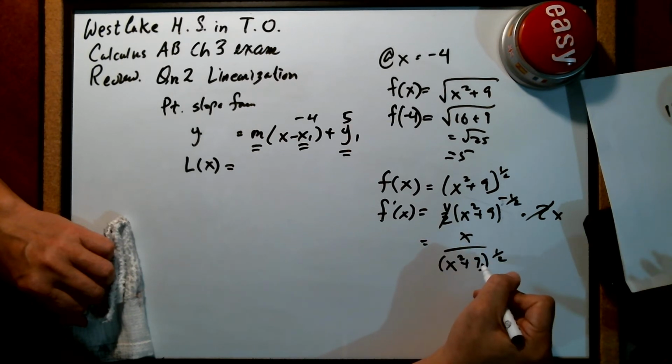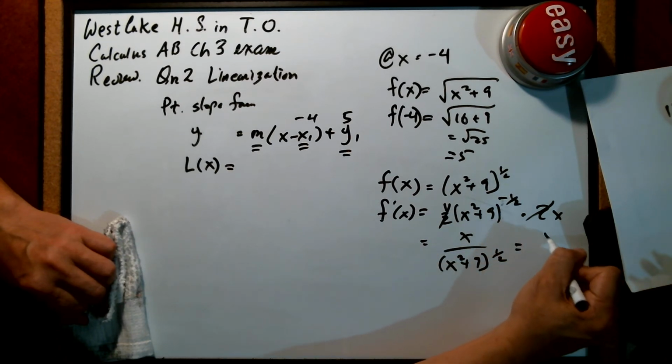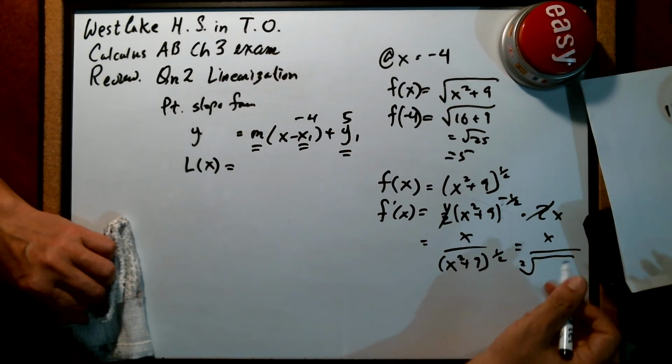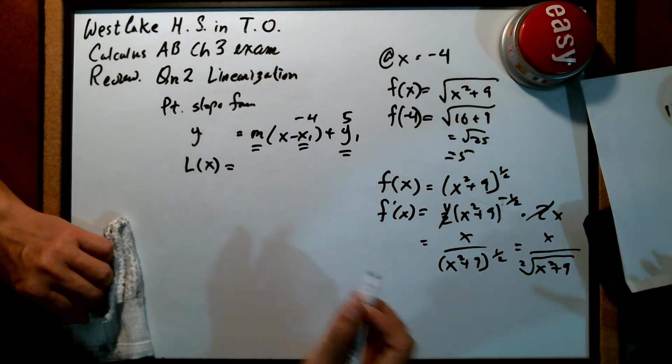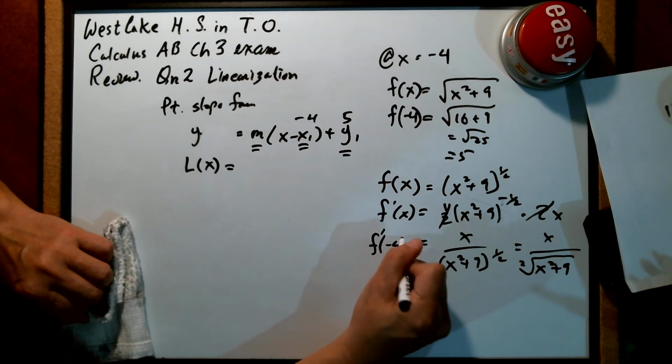The 1/2 power, I'm going to have to change it back into radical form. To change that, the denominator becomes the index of the radical, right? So it's x over the square root, that's the 2 right there, of x squared plus 9. I have to find f prime of -4 though.